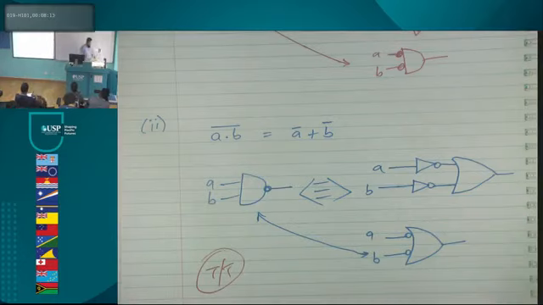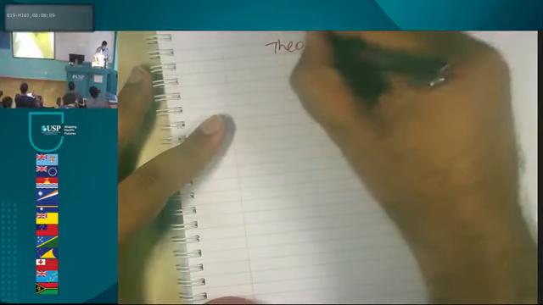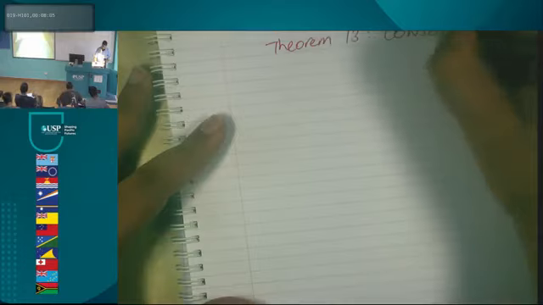Okay, now theorem 13. It is called consensus.